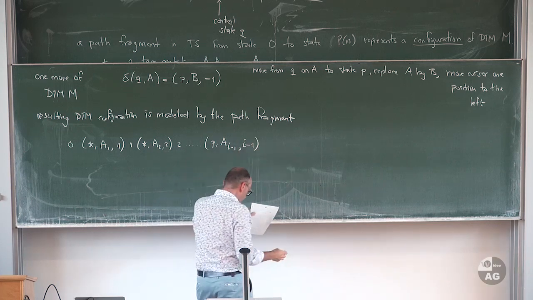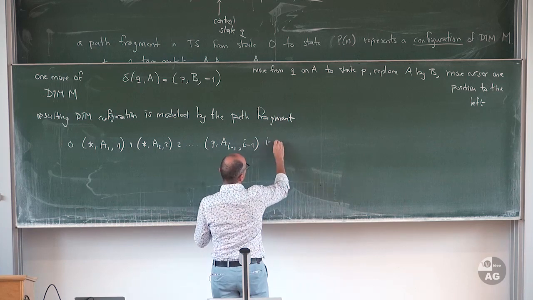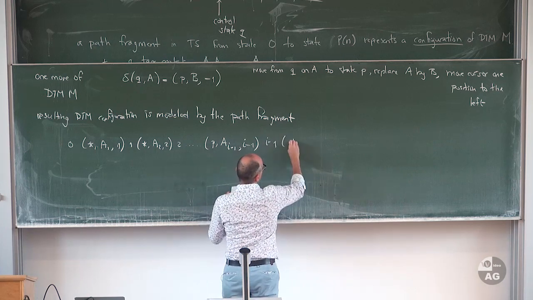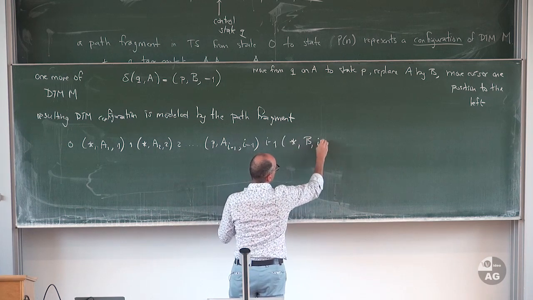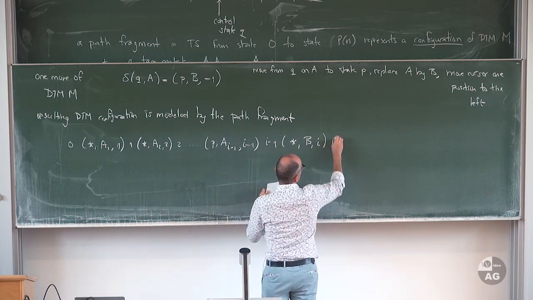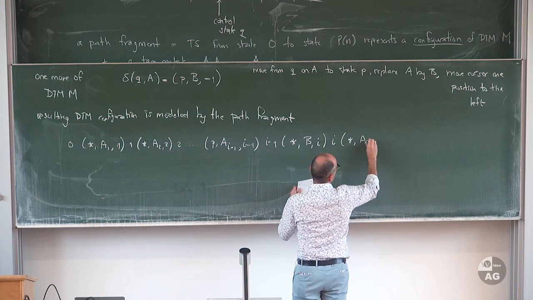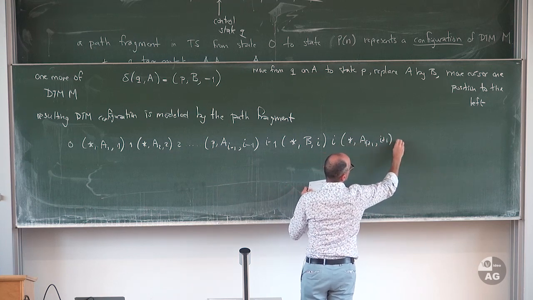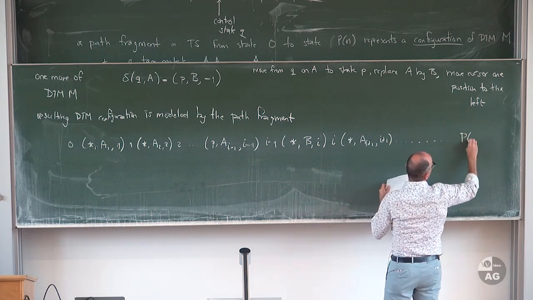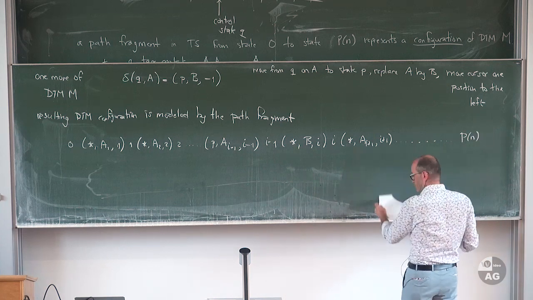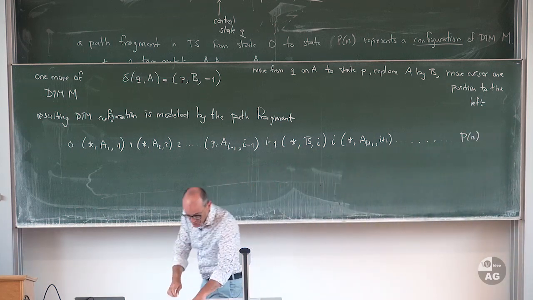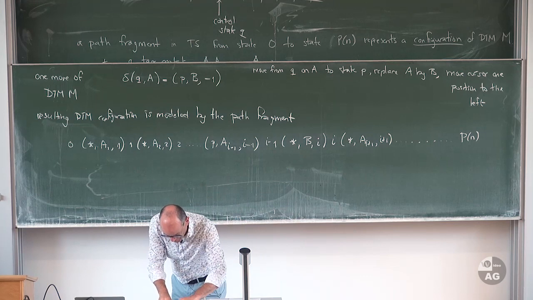I hope that I get all the I minus 1s right now. I minus 1, star, B I, star A(I plus 1)(I plus 1) PM. Good.